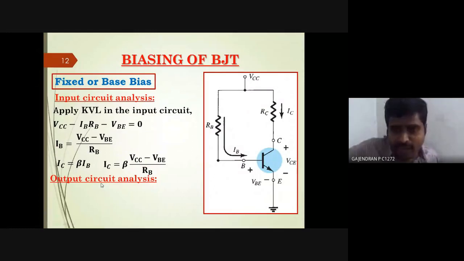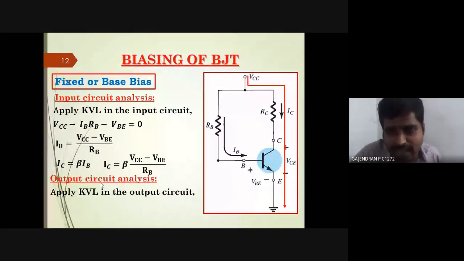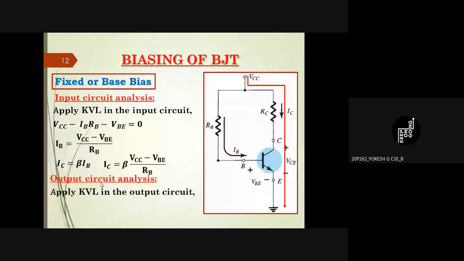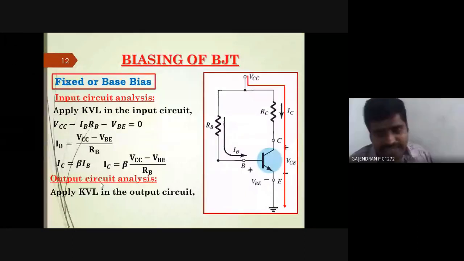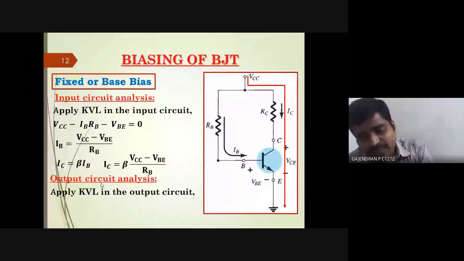Now again I am going to apply the KVL in this current path. Tell me the KVL equation for this path. VCC minus ICRC minus VCE equal to 0. That's all.